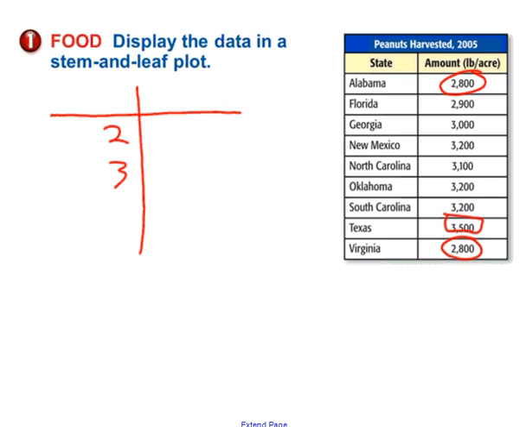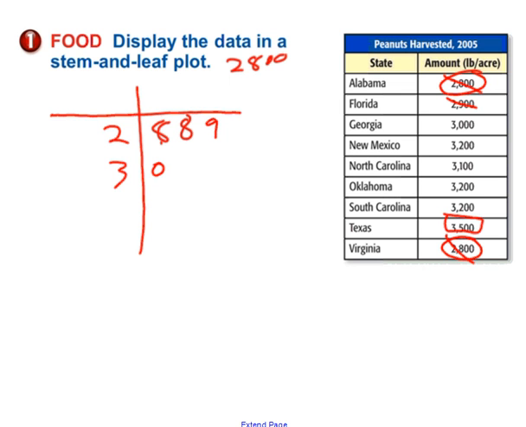Now my leaves. I've got 28 as my lowest, so I've got 2 | 8, that means 2,800. I've got that actually twice, so I list it twice. The next one is 29, so I list it. After that, I run out of the 2s in the thousands place, so I need to move to the 3.